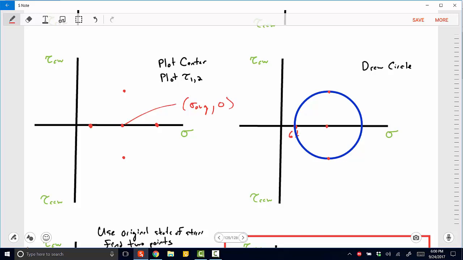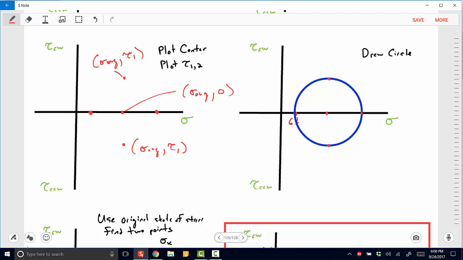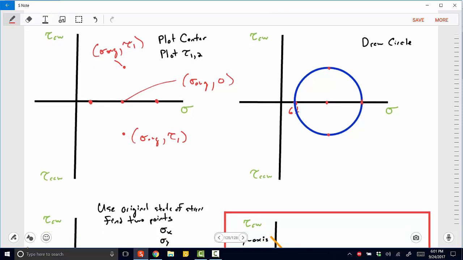And once I have that average stress, I can very easily determine the locations of my extreme value shear, right? So with these 5 points of interest, I can then very easily draw a circle that represents Mohr's circle, the path that the normal and shear stress takes at different angles of cut.